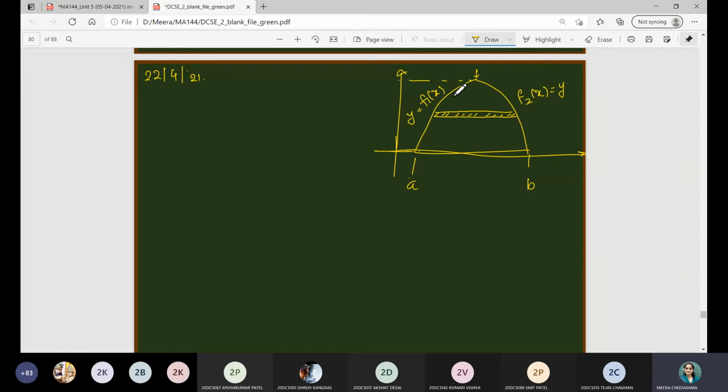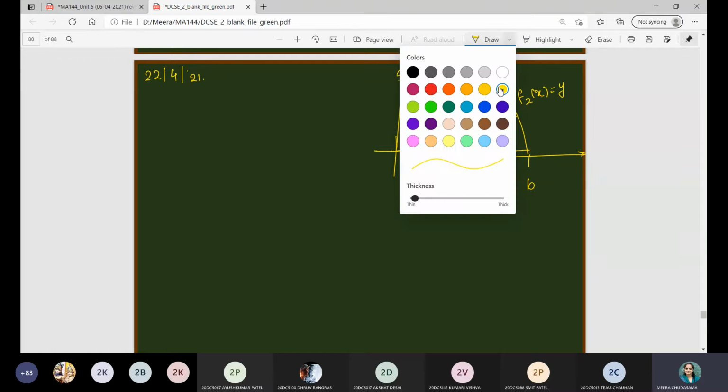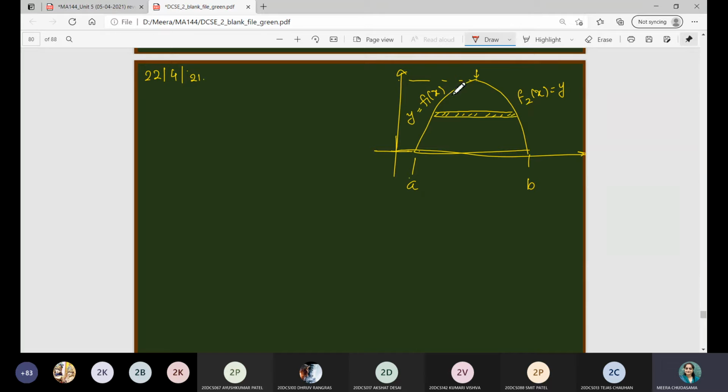Instead of that, if you consider the vertical strip, suppose the vertical strip is represented by this one, then the value of x will be constant. It will vary from a to b, and the limit of y will start from 0 and go from this point to this curve, right?